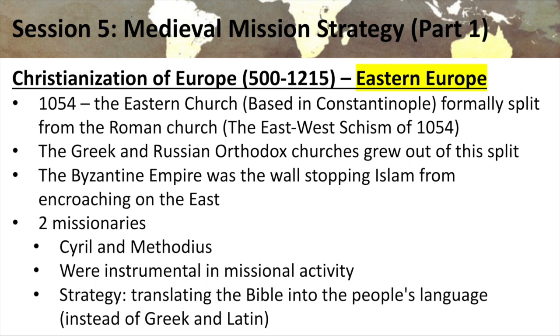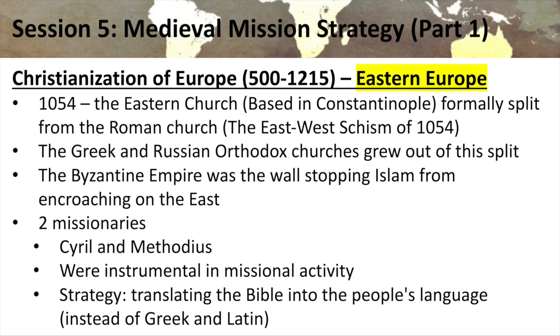So we see Christianization of Europe continuing on here, and we're going to look at Eastern Europe for a moment. In 1054, the Eastern Church, which was based in Constantinople, not Rome, formally split from the Roman Church, and this is called the East and West Schism of 1054. Now, the Greek and Orthodox churches grew out of this split, and the Byzantine Empire basically was the wall stopping the Islamic encroachment on the East.